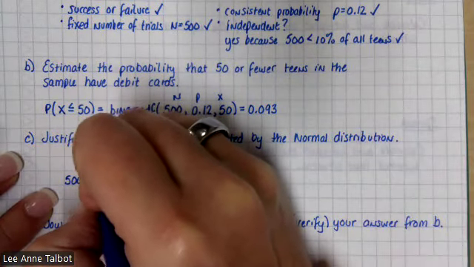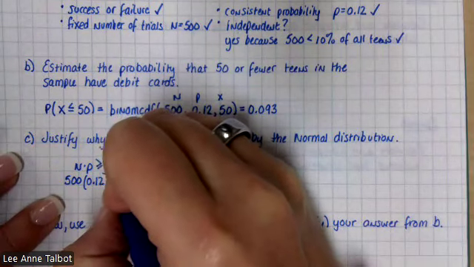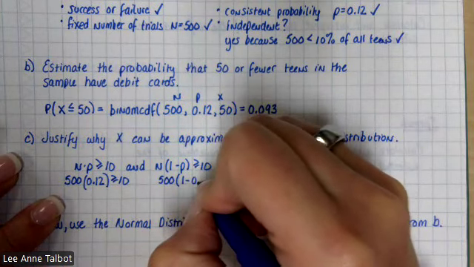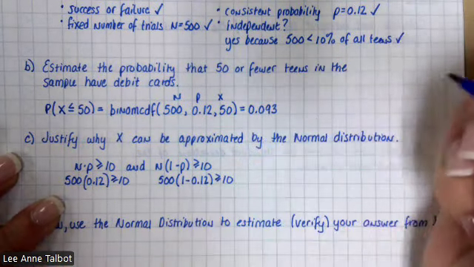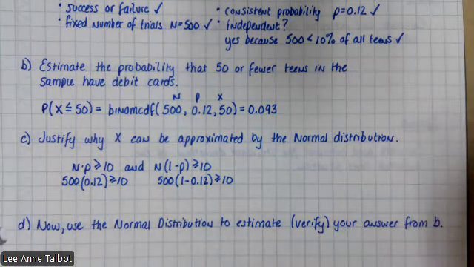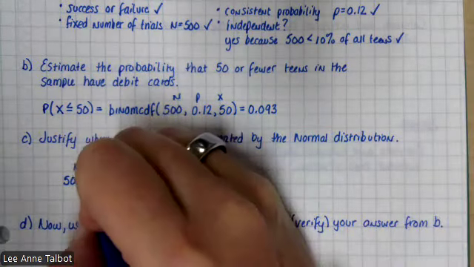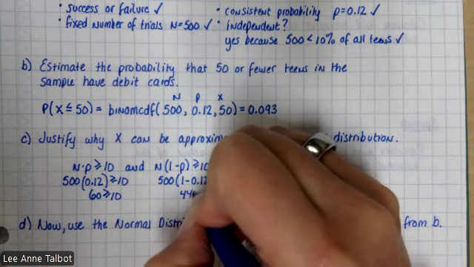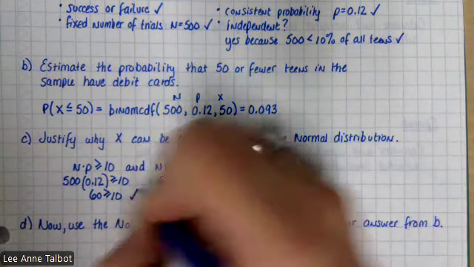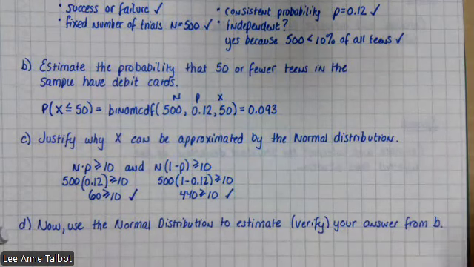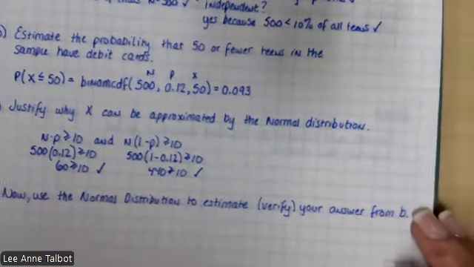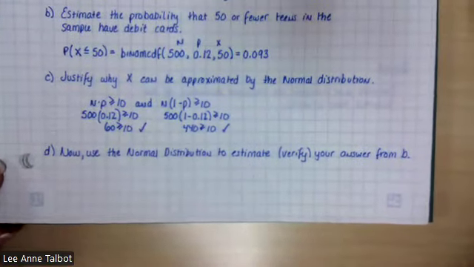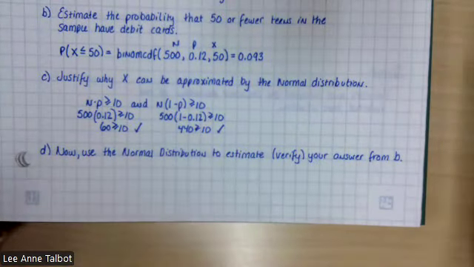P is 0.12, which is kind of one-sided. But it worked. And you know why it worked? Because 500 trials is so big, the probability isn't going to matter that much.